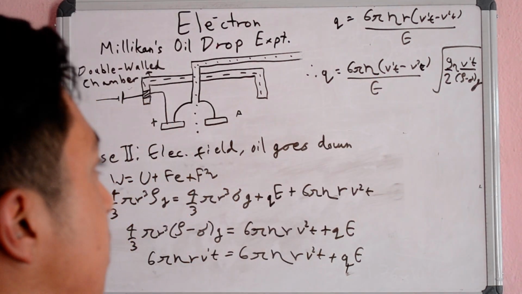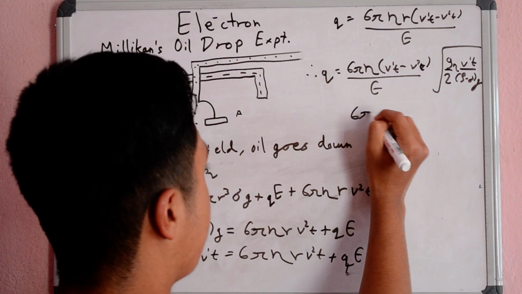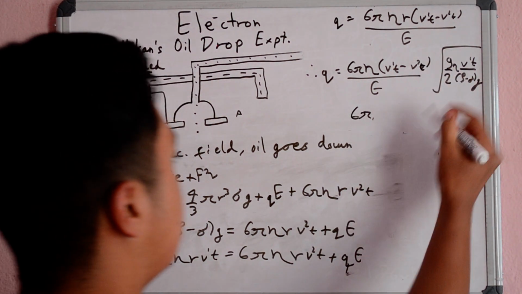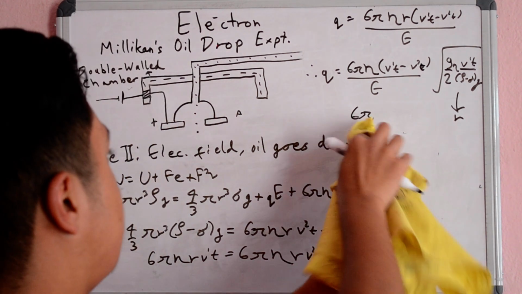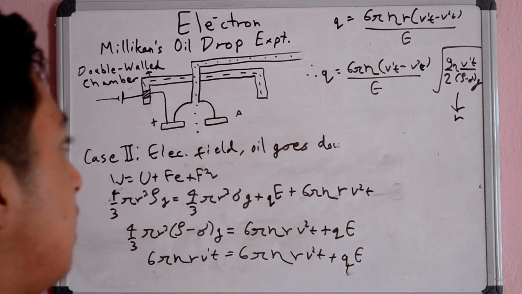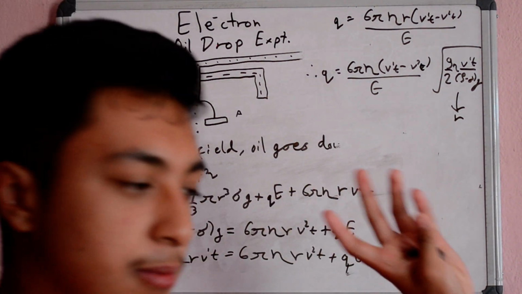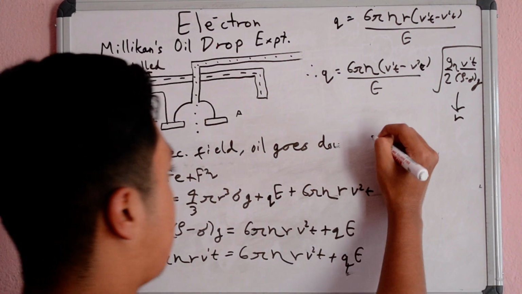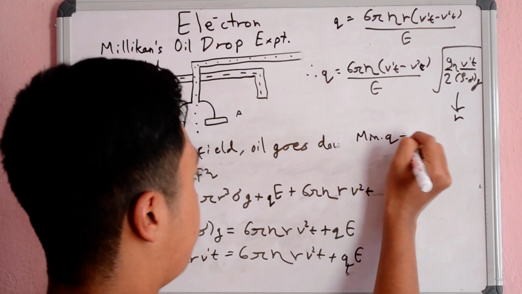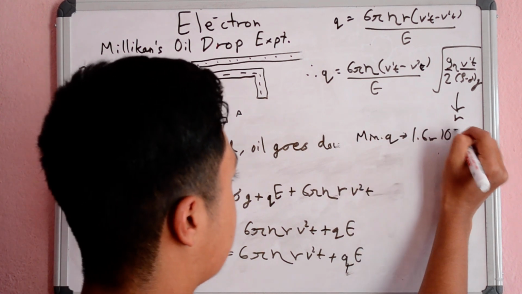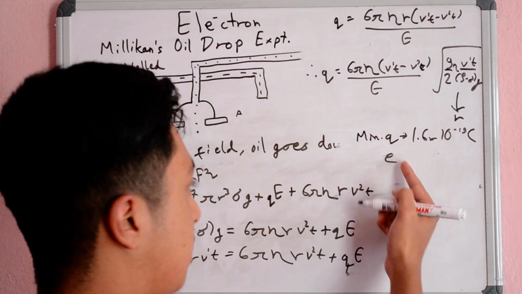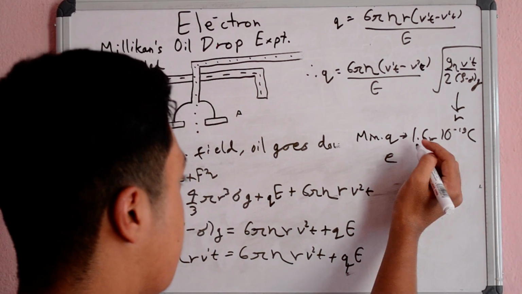Yes, this is it. 6 pi eta r, not eta, this is the radius, which is the radius, right? And here you can see that Millikan did this experiment many times and found the minimum charge to be 1.6 into 10 power minus 19 coulomb, which is the charge of one electron, and the other values as an integral multiple of this minimum charge.